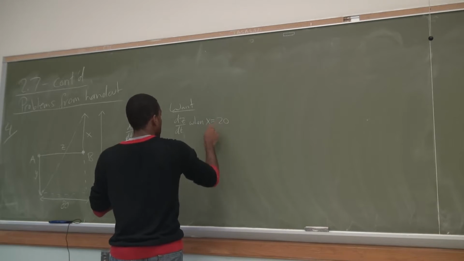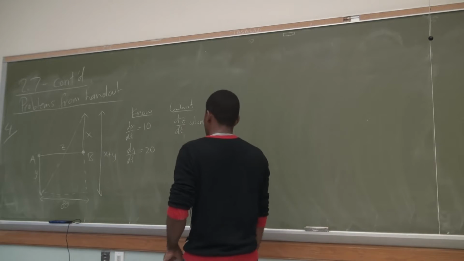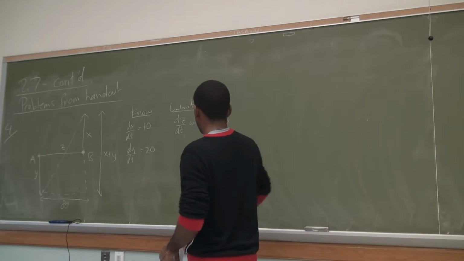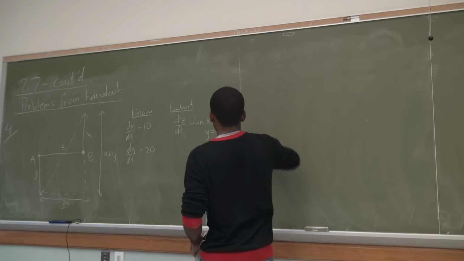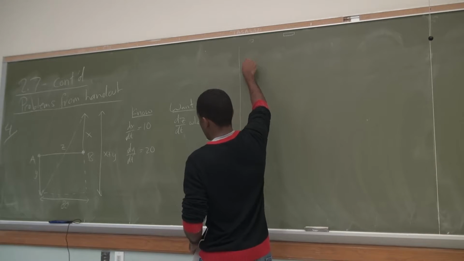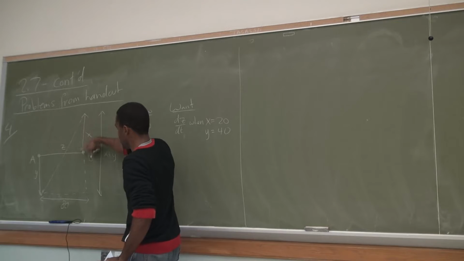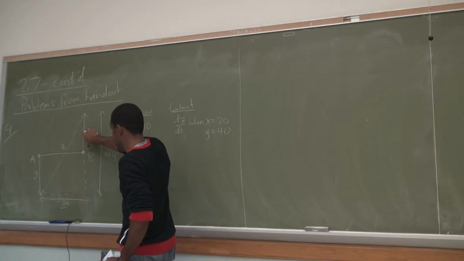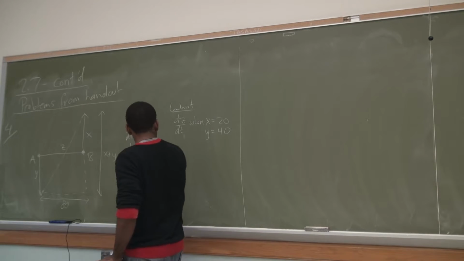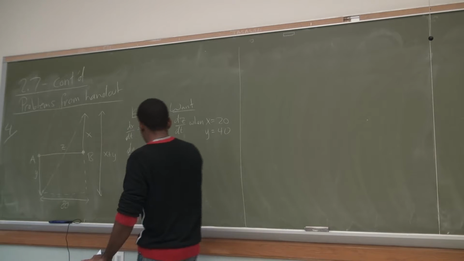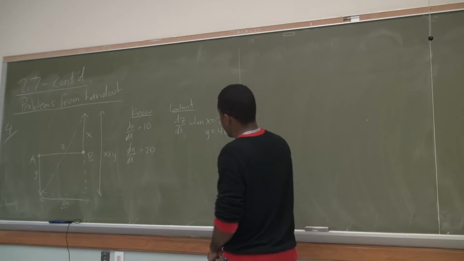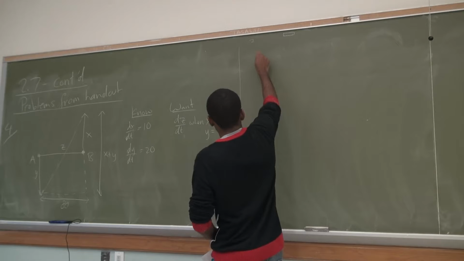X was 20 and Y was 40. We solved it by knowing the distance. It's moving 10 miles per hour for 2 hours, so it's covered 20 miles. This one's moving 20 miles per hour for 2 hours, that's 40 miles. The equation was by Pythagoras' theorem.